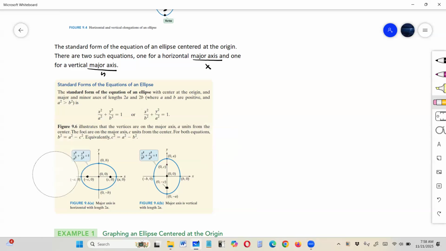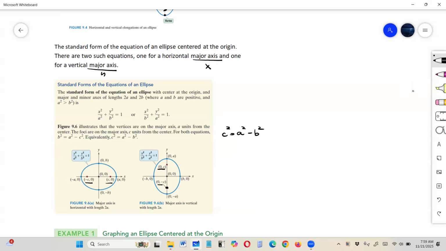So we already know the distance from the center to the foci for the ellipse. Well, the formula shows c squared, but the distance is c. And that's why you see here (0, c), (0, -c) on the y-axis, (-c, 0), (c, 0) on the x-axis.